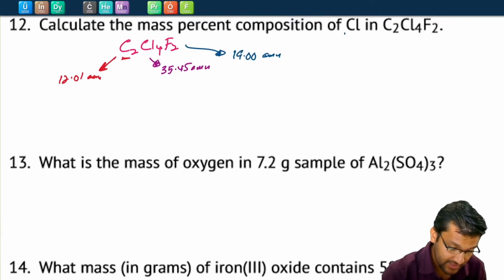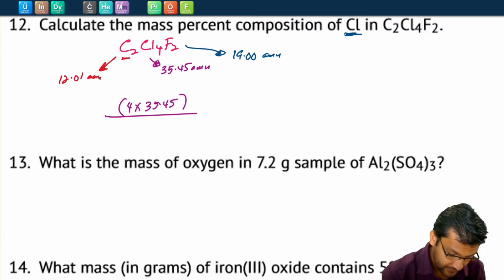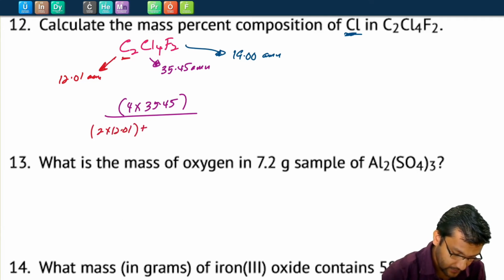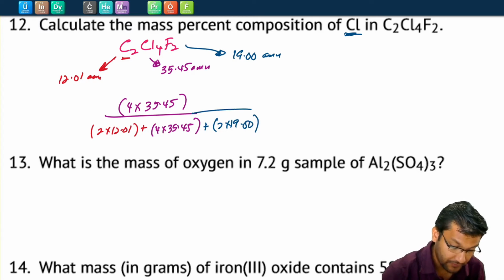So if we're looking at the mass composition of chlorine, then what we have is 4 times chlorine on top, divided by, on the bottom, the total mass. So we'll have 2 times 12.01 for the carbon, 4 times 35.45 for the chlorine, plus 2 times 19.00 for the fluorine, and times 100%.